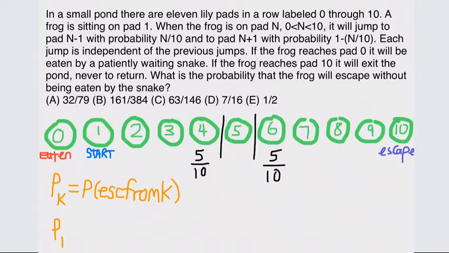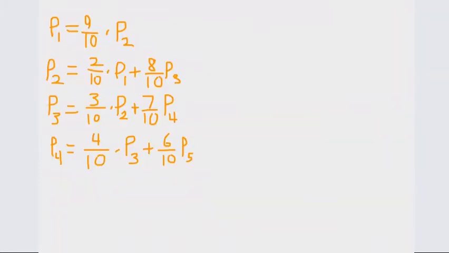And lastly, we know that p5 is equal to 5 over 10, which is 1/2. Okay, so p5 is 1/2. Great. So now we've got a system of equations here, and we can solve this system of equations to get p1. We have 5 equations, 5 variables, and we'll be able to solve for p1 and get the answer.